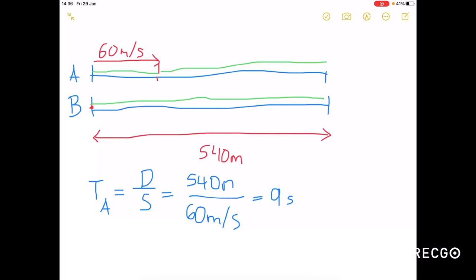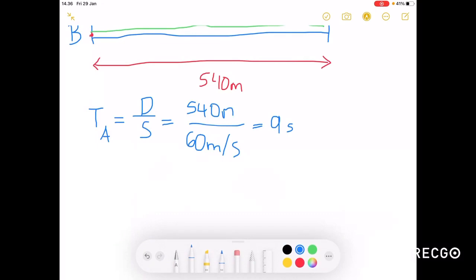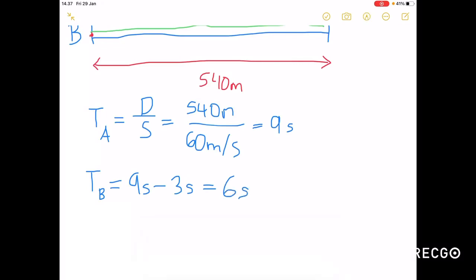So since car A has a head start of 3 seconds, that means car B has only a shorter amount of time to complete the race, and that is the total time for car A to complete the race minus car A's head start, which is 3 seconds, and that will be 6 seconds.